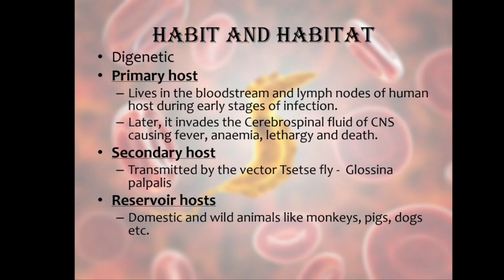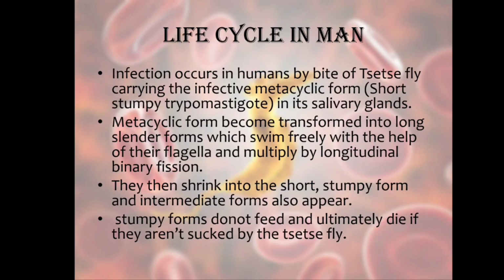Recall that a reservoir host is one in which the parasite stays without undergoing any developmental changes until the time that the parasite is taken up by the tsetse fly and injected into another potential host. The reservoir hosts for this parasite include domestic and wild animals like monkeys, pigs, dogs, etc.